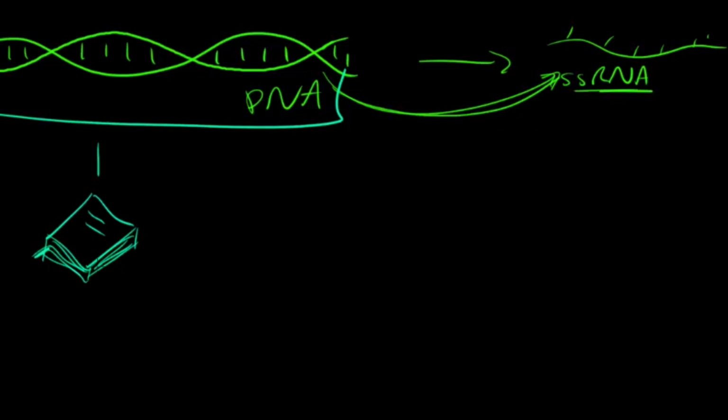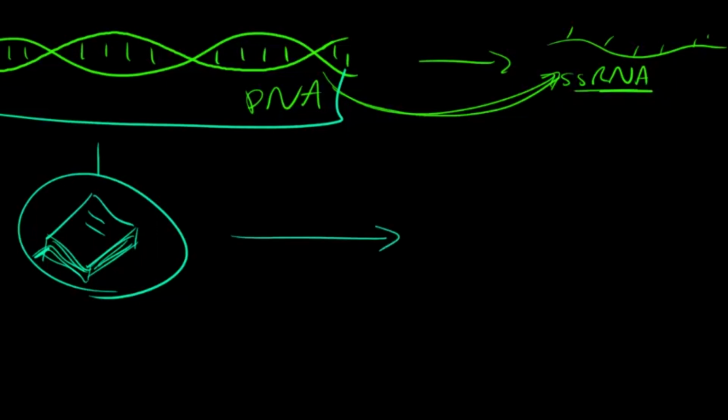It's got all the information that is necessary for life, the genetic code, but we only want a small portion. Transcription is like taking a little note card and copying maybe a paragraph from this book. So you can kind of think of it like that.